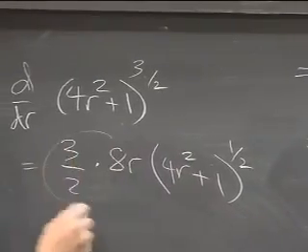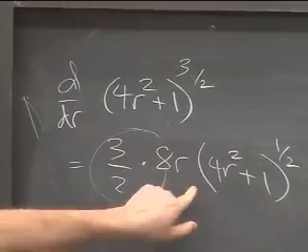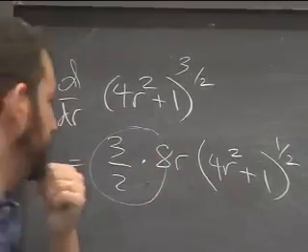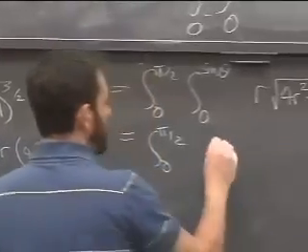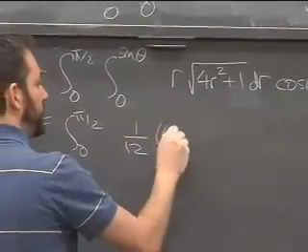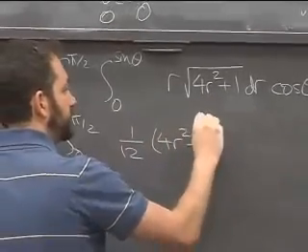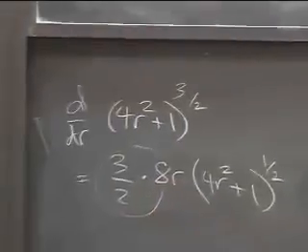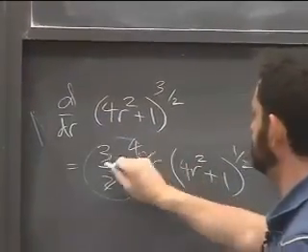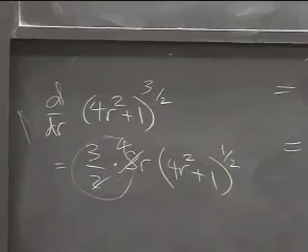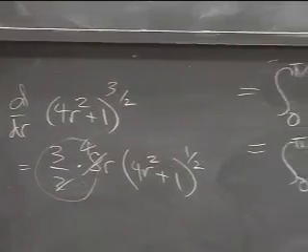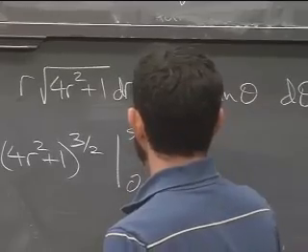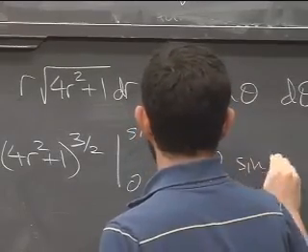So that's the factor that I need to move over to the other side. So just a single variable integral, you will have 1/12 4r squared plus 1 to the power 3 halves. See where the 12th comes from? This is basically 12. So, yeah, you can do a substitution, get the same thing. Evaluated between 0 and sine theta times cosine theta, sine theta, d theta.